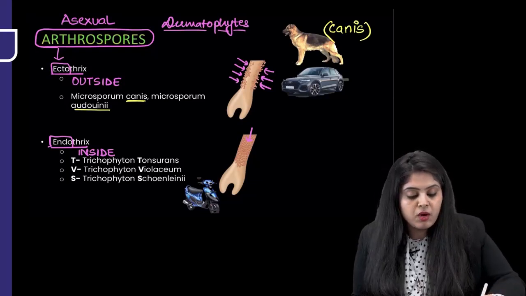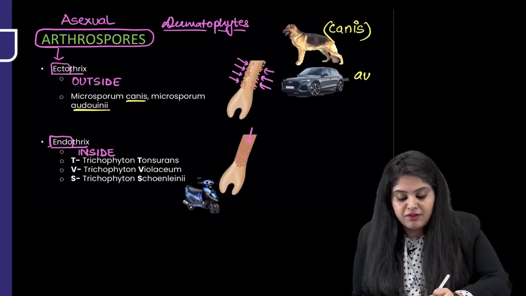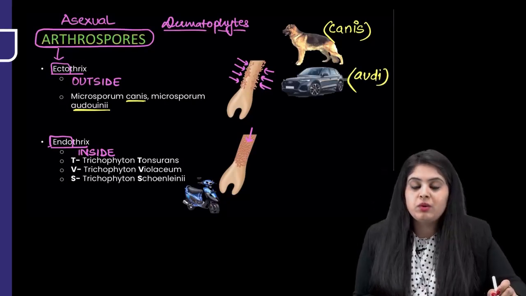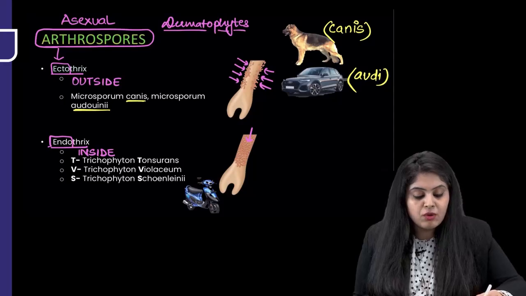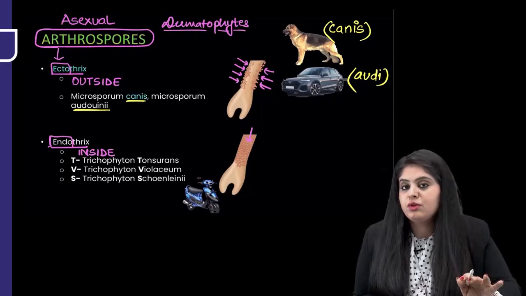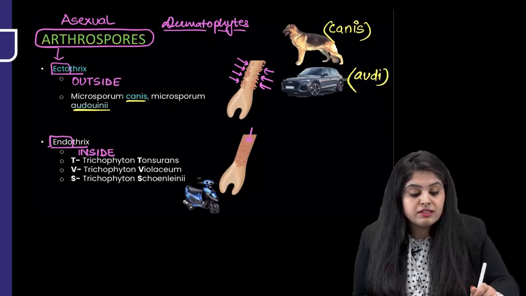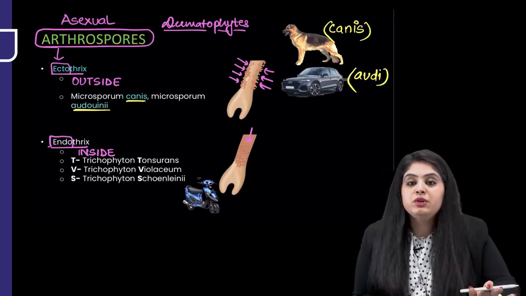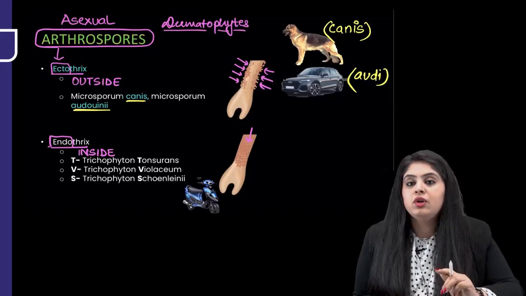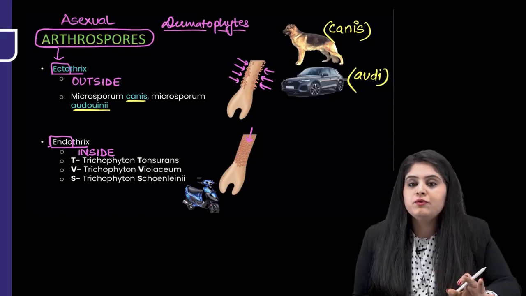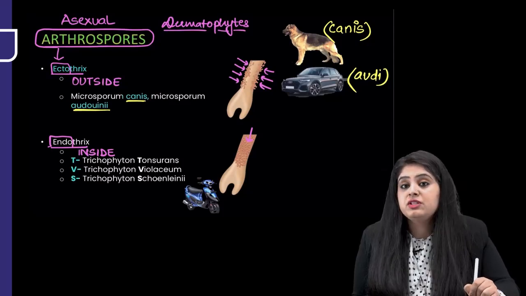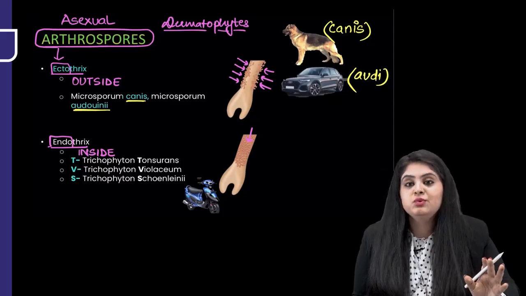Also Microsporum audouinii. Now if you buy an Audi car, obviously you are going to show off and roam around outside, right? So remember, for outside, for ectothrix, either you will learn about the dog, which is canis, or audouinii, that is Audi car, which is always going to be on the road for show off. Whereas if you want to roam around inside your colony, the best vehicle, which a lot of you will agree with me, to roam around in your own colony, and especially in traffic cities, is the TVS Scooty.